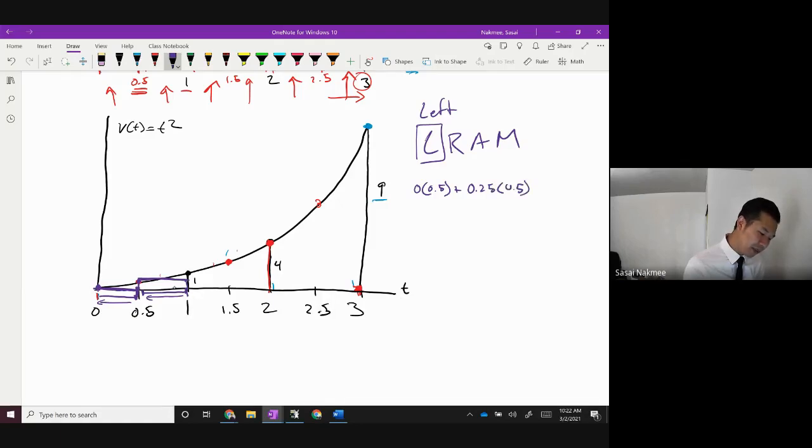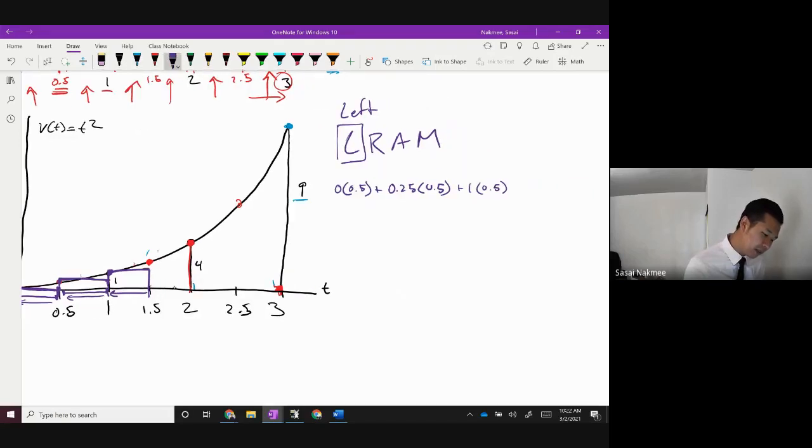Keep going. From here to here, that's going to be the left side right there. That's going to be this rectangle right here, which is going to be 1 times 0.5, right? Keep going. This right here has another base that goes on the left side. I'm looking at this height right here. Are you looking at all these rectangles that I'm drawing with my LRAM? What do you notice about all these rectangles here?